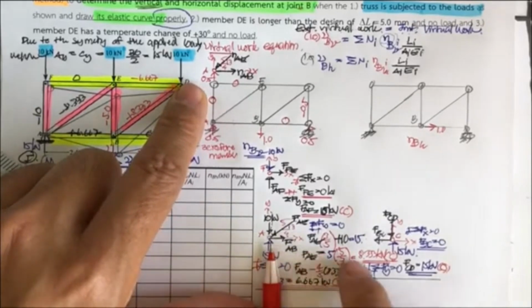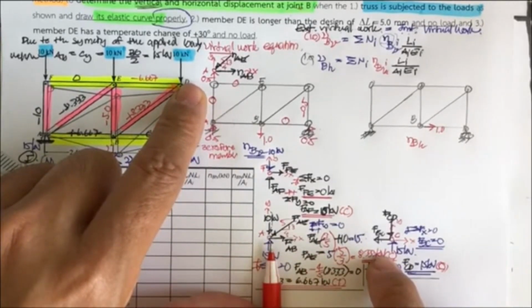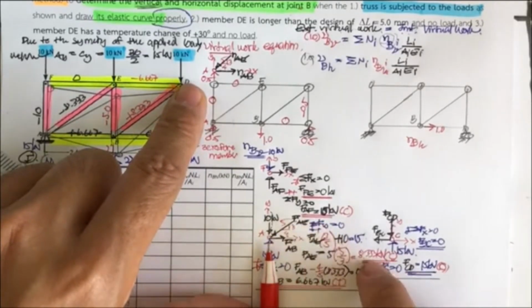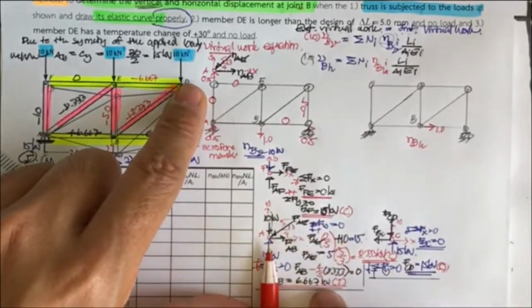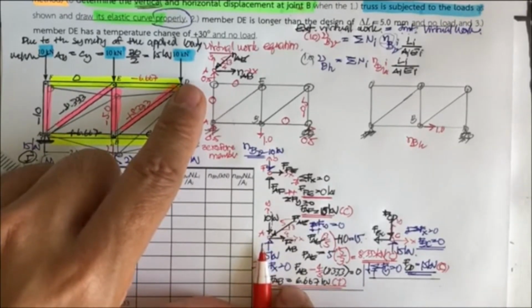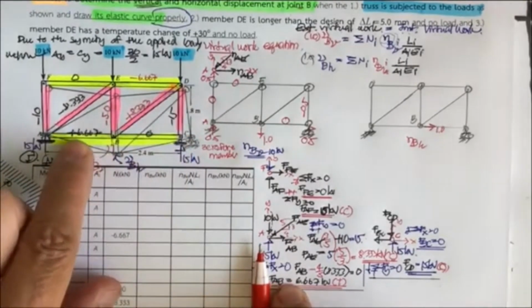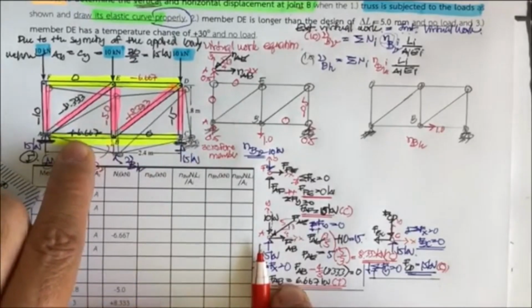Produce F sub AB here, and produce F sub AE here. So since the force is 10 times less, you will get the F sub AB here going to be 10 times less also.